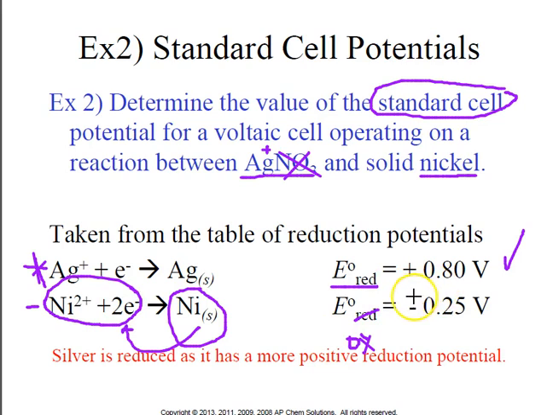When I do that, I'm going to make my reduction potential for nickel positive instead of negative, because it's now being oxidized. So altogether, I'll have a 1.05 volt system. So notice this combination of silver and nickel will make a better battery than that last combination we saw, because it has a higher voltage.